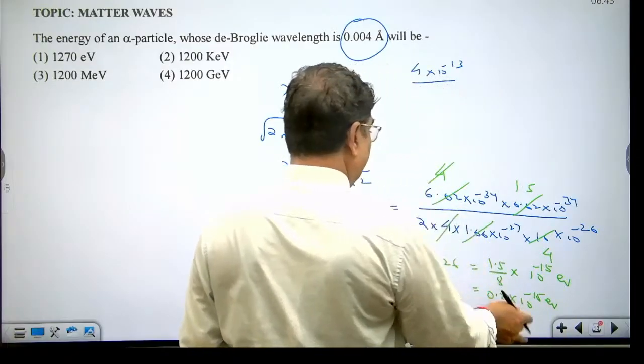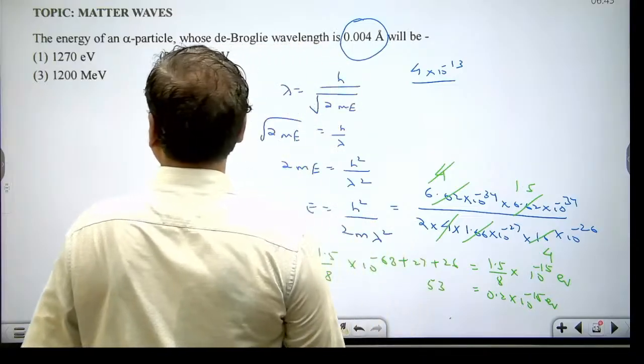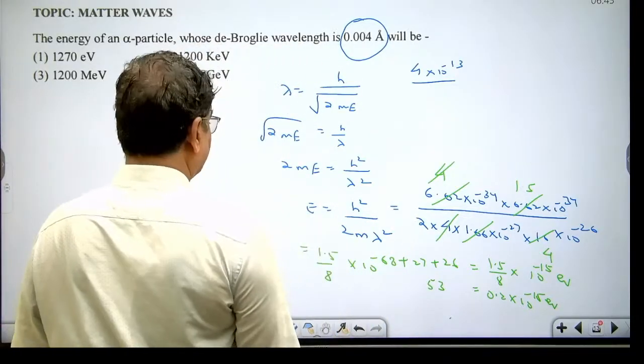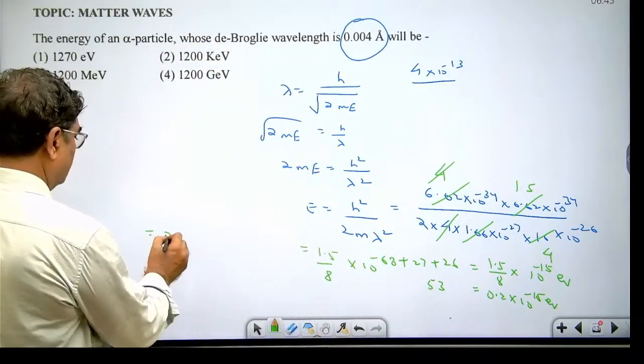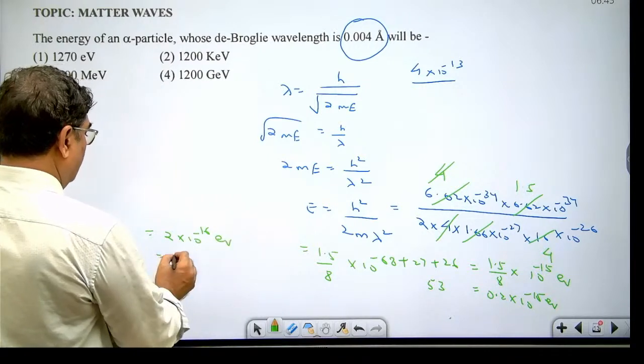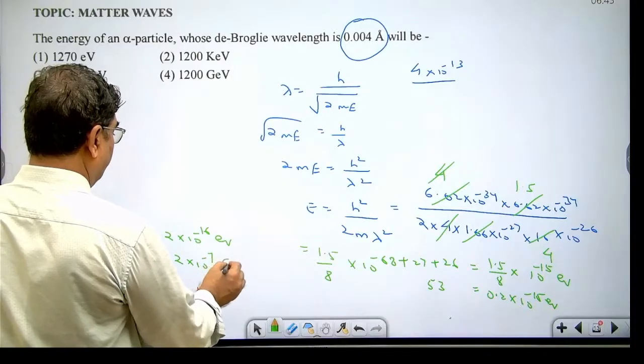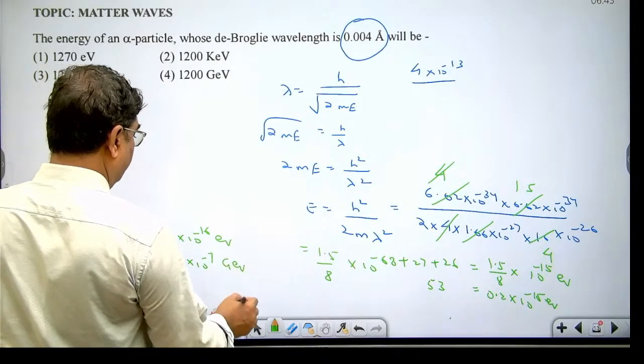So we can write 2 into 10 power minus 16. This we can write 2 into 10 power minus 7 giga.